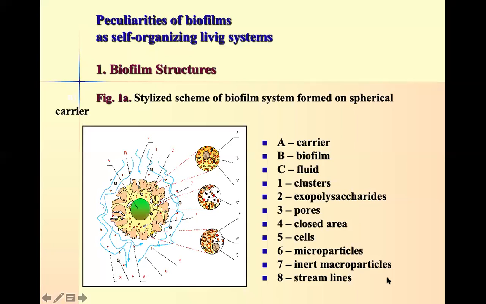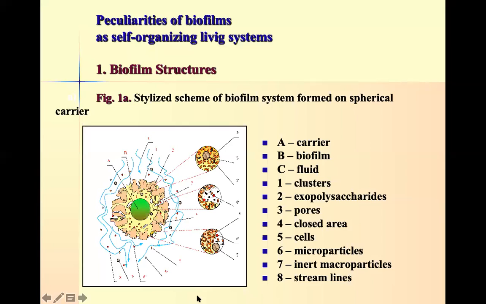So we already discussed the difference between nanofilm and biofilm, nanotechnology and biofilm technology. Generally how biofilm is formed, how the structure is formed, and what components are present in the structure is important to know.